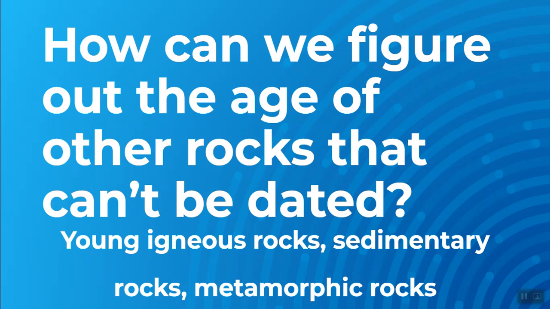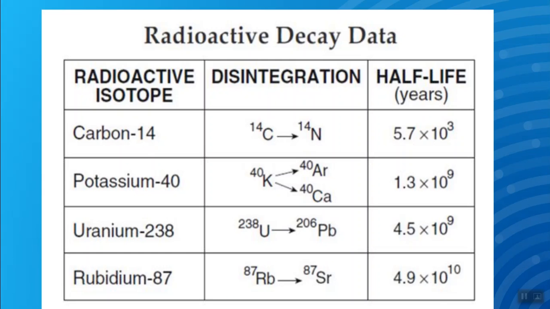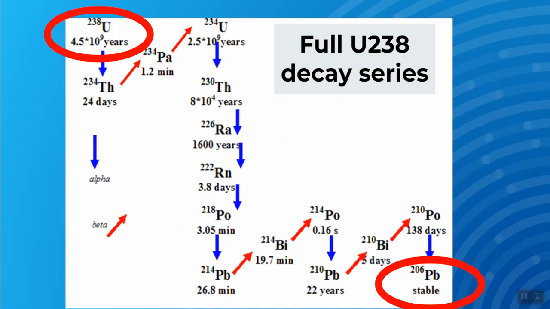There's another way to get young igneous rocks that's been a vexing problem for a long time: how do you date those young basalts on the ocean floor? And there is a way to do that, which I can show you right here. That's a brand new thing we've been doing. I did a little bit of this in my PhD work where we actually don't use the U-238 parent to lead daughter ratio.